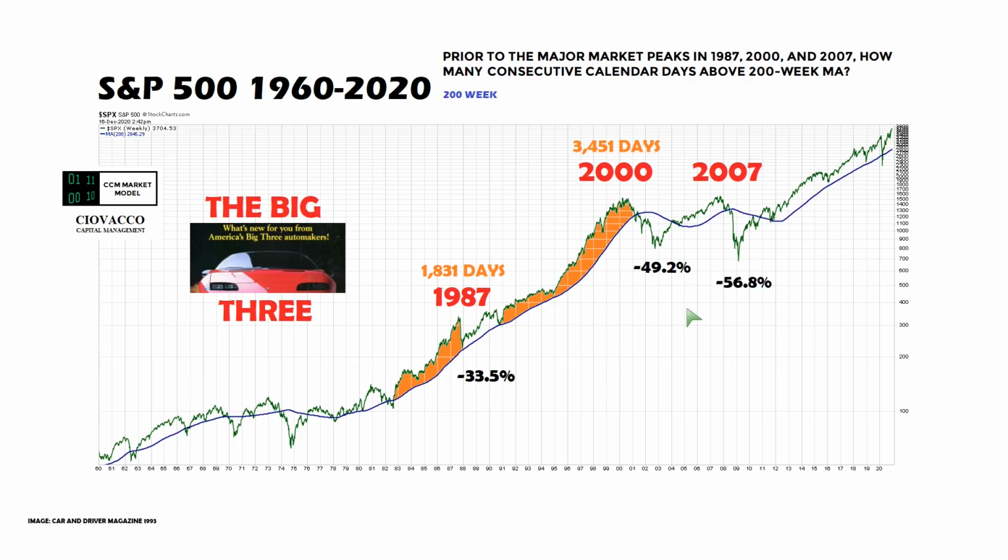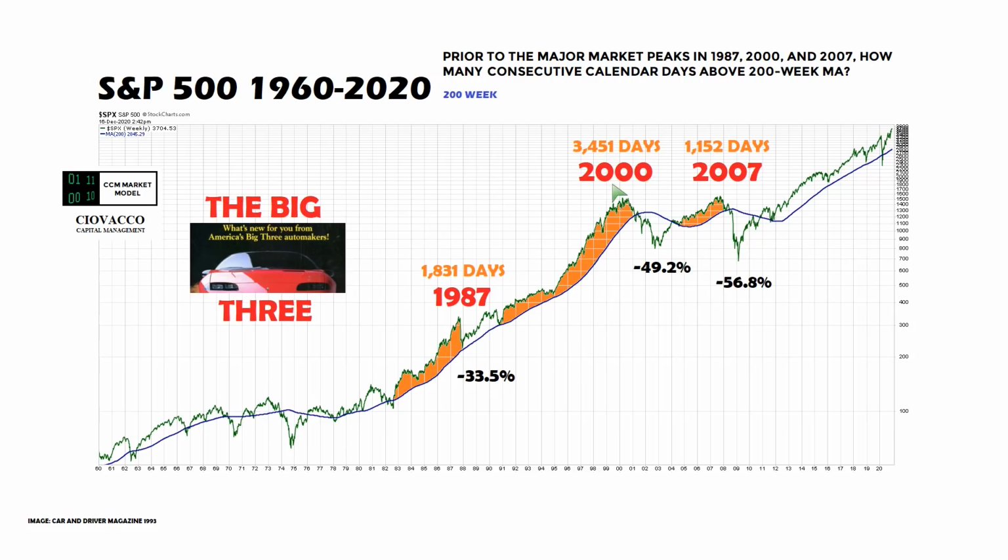How about the 2007 case, which really does not occur within the context of a secular bull? As we might expect, a little bit more muted, but still a long period of time. 1,152 days with no close below the 200-week moving average prior to this peak here.